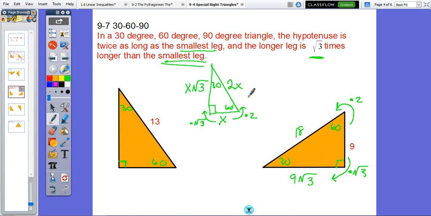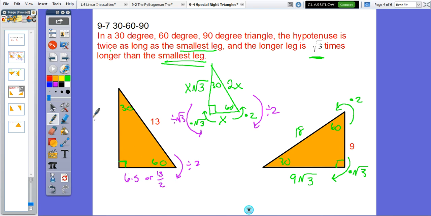So again, to go backwards, since our hypotenuse is 2x, or twice the value of our small leg, to go backwards, we will divide by that value of 2. And same thing over here, to go from the long leg to the small leg, we will divide by radical 3, which we'll run into a problem with in a bit. So here we got 13, and we're going to divide by 2. You can either write it as 6.5, or you can leave it as 13 over 2.